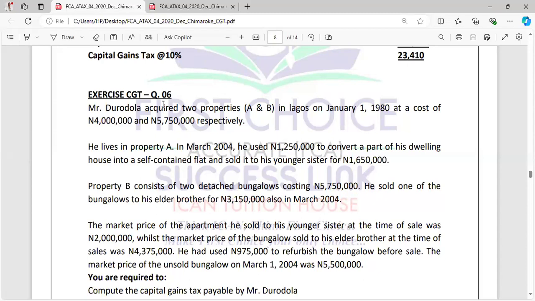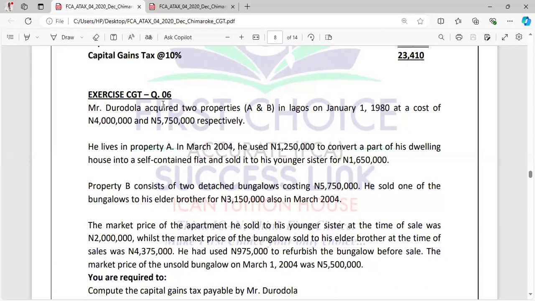Now, while the price of the bungalow sold to his elder brother at the time of the sales was 4,375,000. Now, that's relevant. If you check it, the brother was given the bungalow for 3,150,000, whereas the market value is 4,375,000. You are going to take the market value and ignore what is sold to the elder brother.